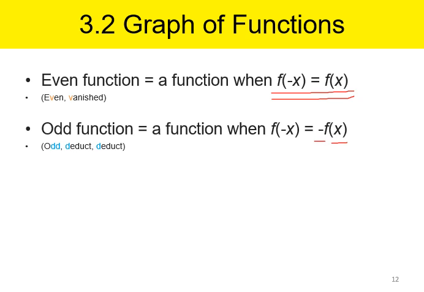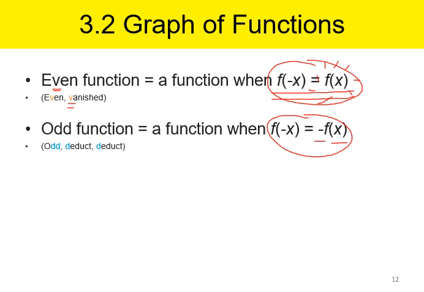How can we remember which is which? Start with even function. In "even" we have the letter V. V for what? Vanish. When we put a negative here, the negative disappears. See? The negative disappears. How can we remember that an odd function is one where f with negative input produces a negative function?